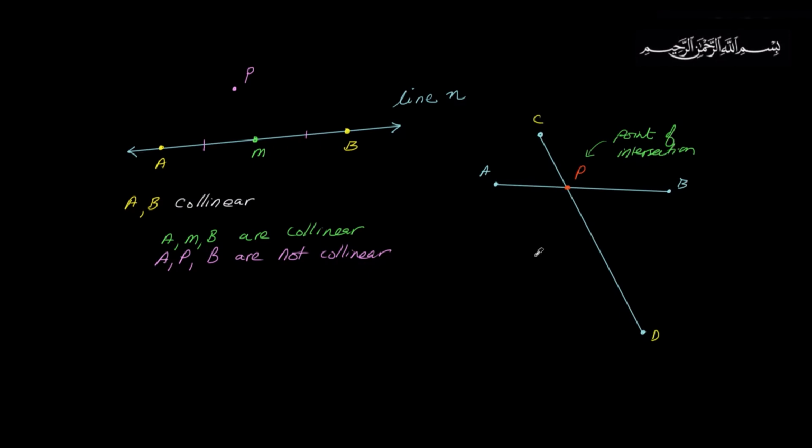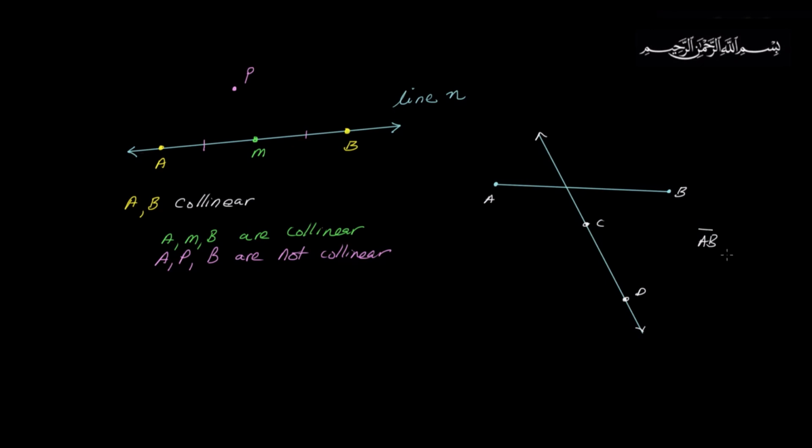Now let me draw you another similar figure where instead of having two segments, I have one segment and one line. So this segment is segment AB, and this is line, let's call this CD. So I have segment AB, right?